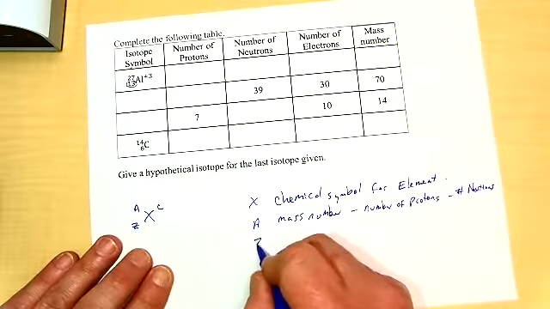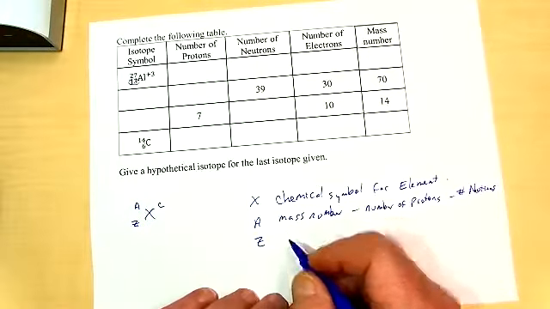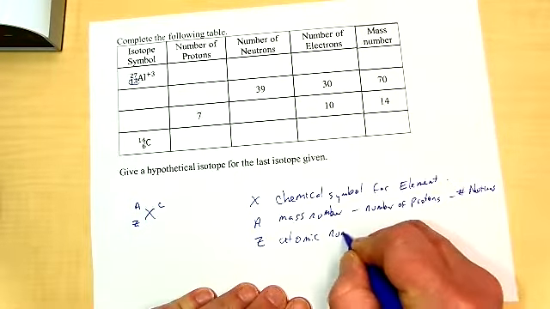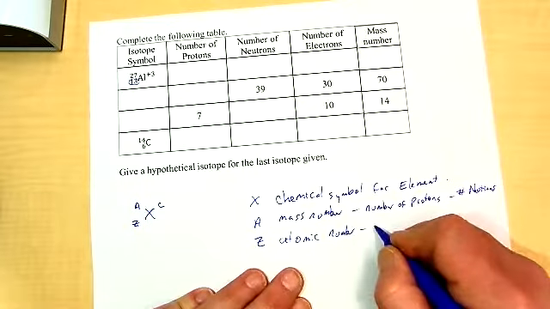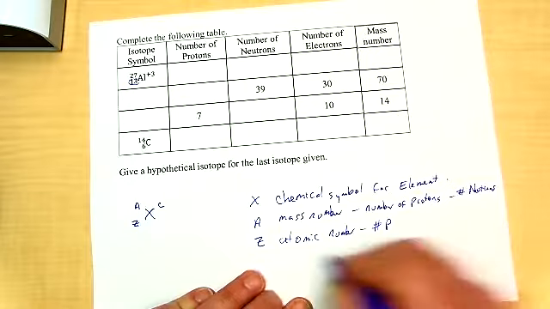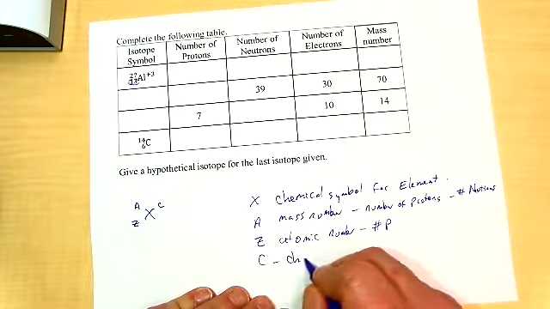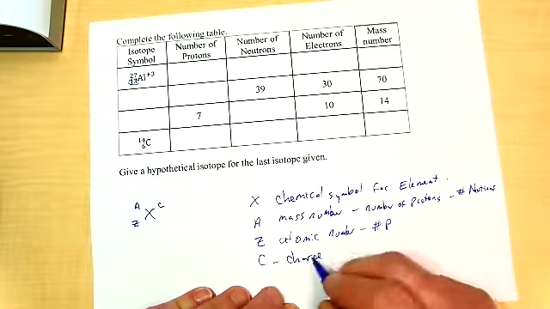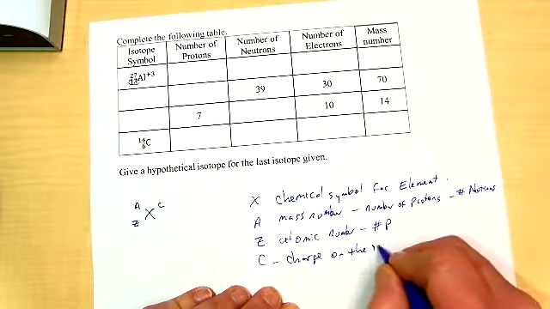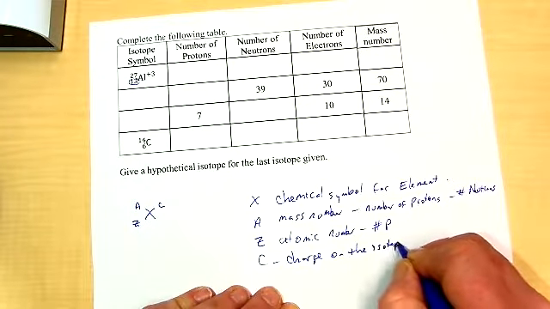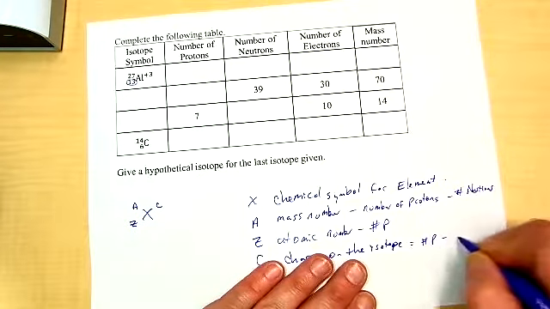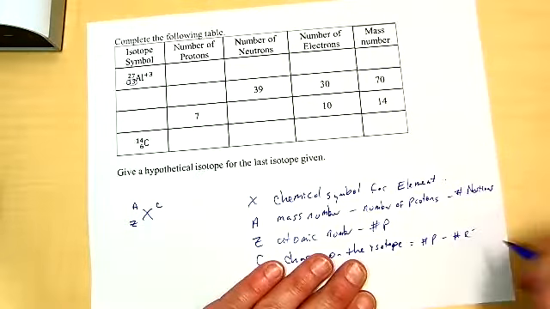Then Z is our atomic number, and this is just the number of protons. C is the charge on the isotope. This is just going to be equal to the number of protons minus the number of electrons.